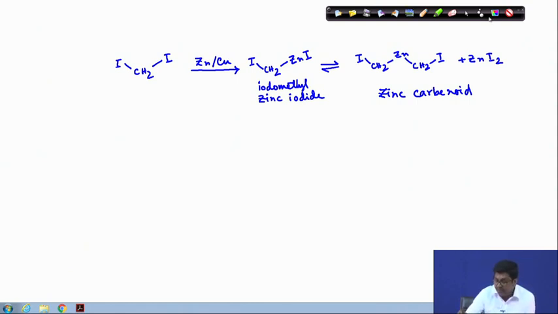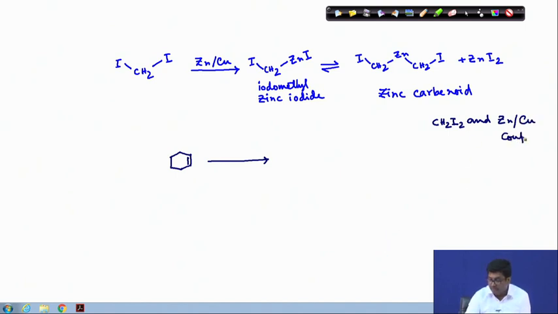Now if we take one olefin, for example here cyclohexene, in presence of the Simmons-Smith reagent, that is CH2I2 and zinc copper couple, what will we get?